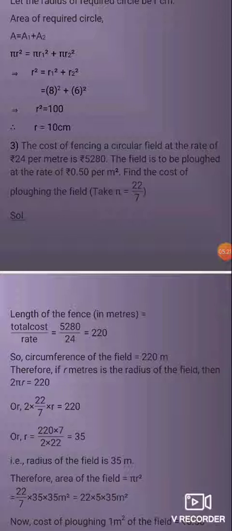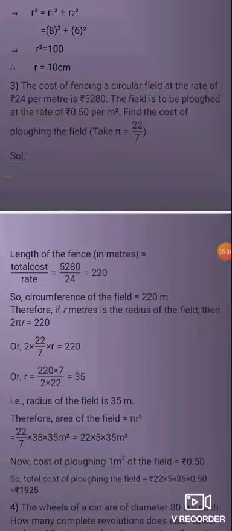Now the last step, we need to find out the cost for ploughing it. So cost per meter square is 0.50. So when you multiply it with the 22 into 5 into 35, at last, 1925 rupees is the total cost.